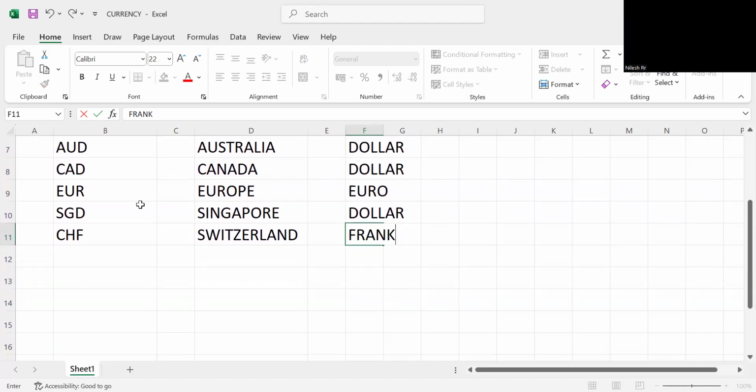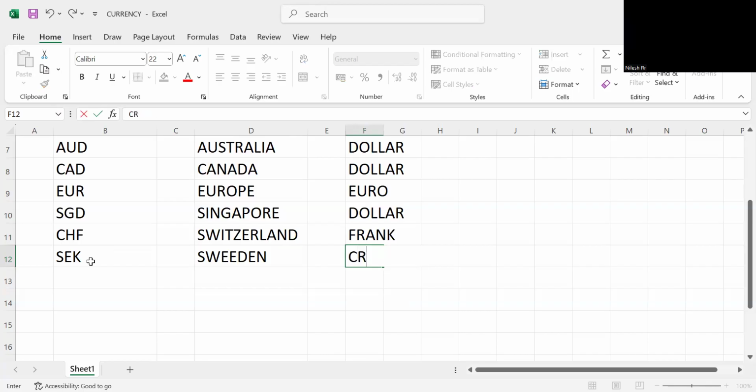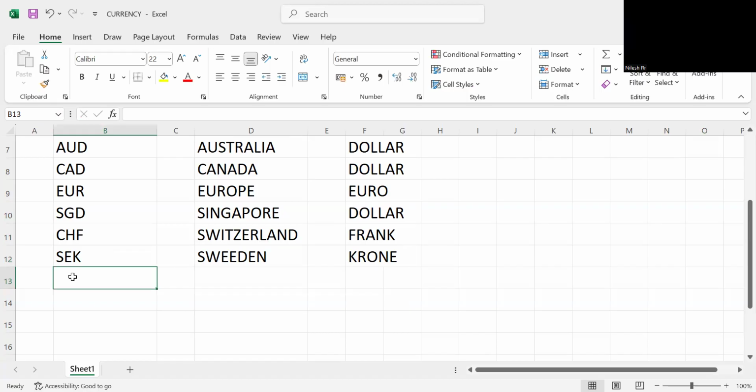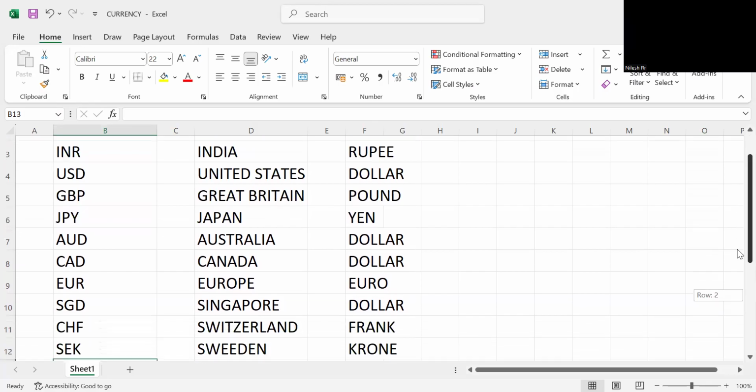One more I can mention, which we generally use in our course syllabus, is SEK, that is Swedish krona, from Sweden, and all that we have over here as Swift codes.